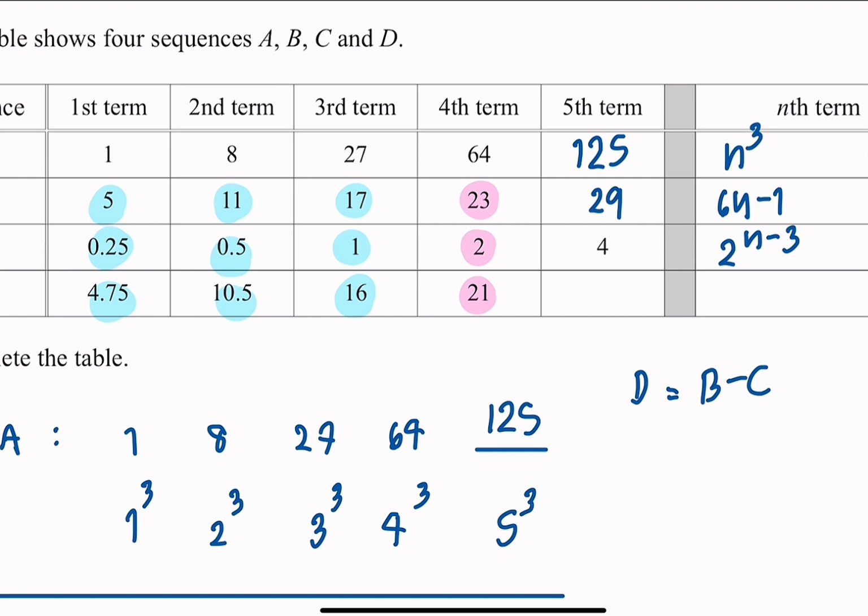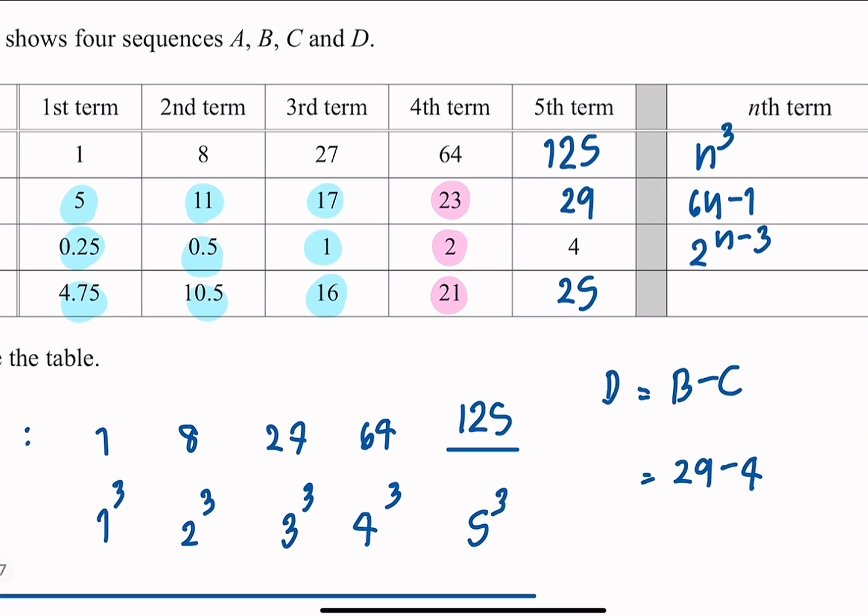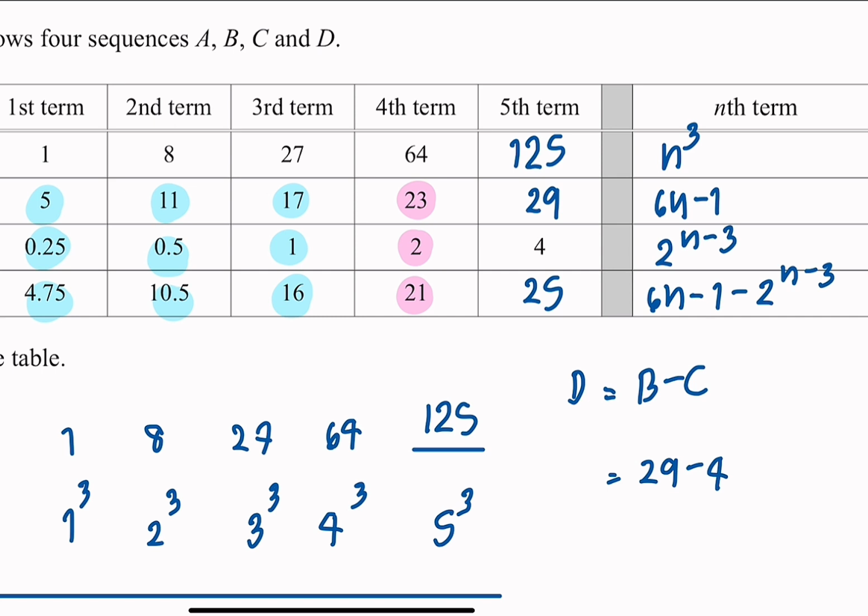Therefore, the value of D will be 29 minus 4, which is 25. And therefore, D is equal to B minus C. And B is 6n minus 1. And then minus C, which is 2 power n minus 3. This is your answer for this question.